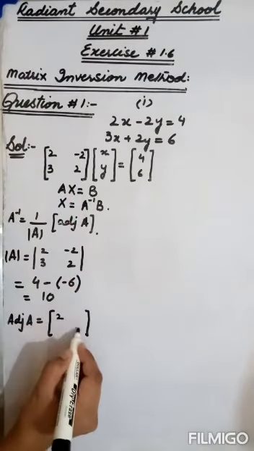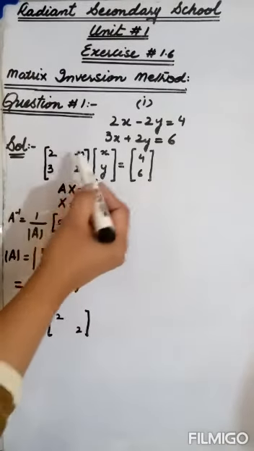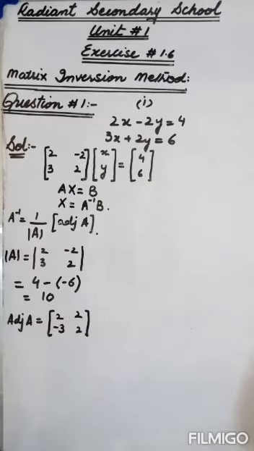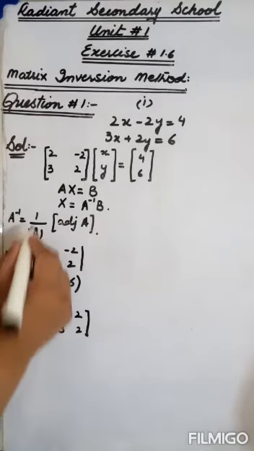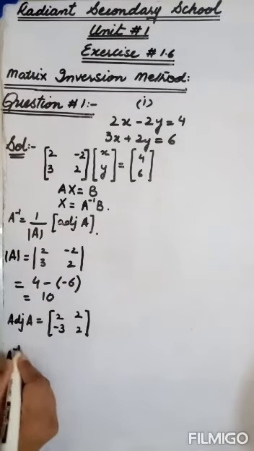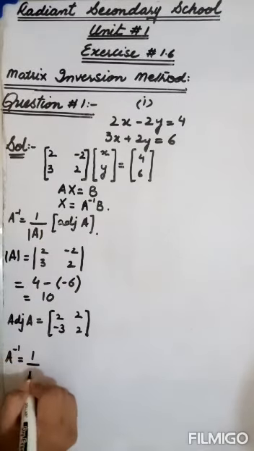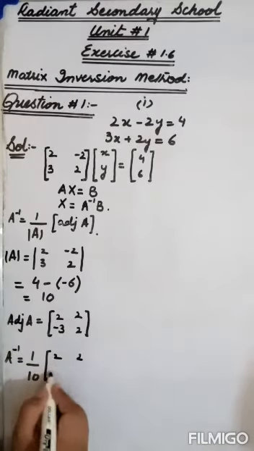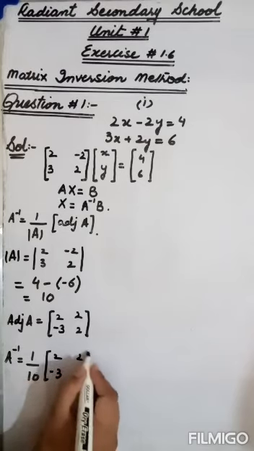These are the same, so you will not feel any change. And change the signs of the non-diagonal entries. This will be 2 and this will be -3. Now we will put these values in the formula. A inverse is equal to 1 by 10 into adjoint of A: 2, 2, -3 and 2.